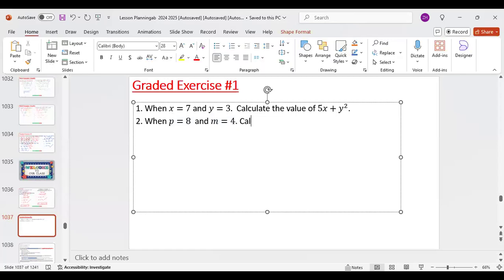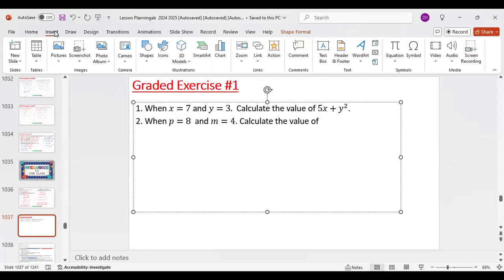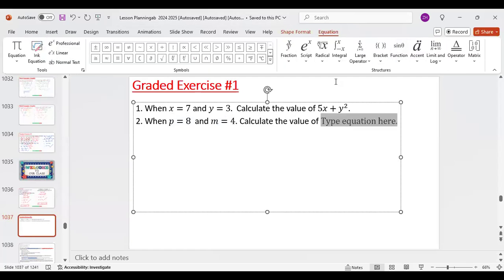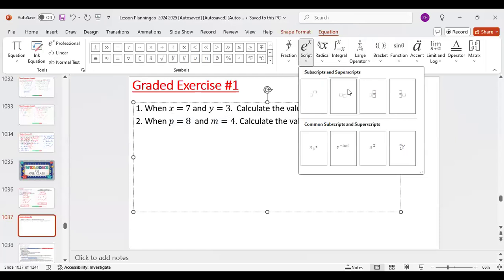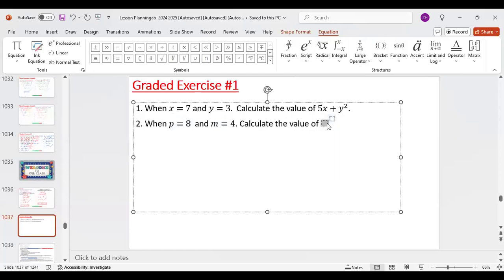Calculate the value of m squared plus 3p.